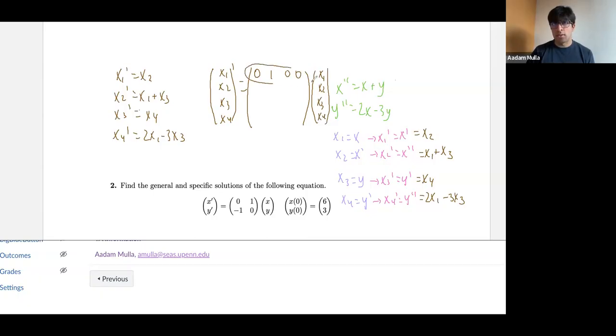When I do this dot product, the only way for me to just get out x2 is to put a 1 in the x2 slot and 0 everywhere else. For x2 prime, I put a 1 on x3 and 0 everywhere else. For x3 prime, I just want x4. And for x4 prime, I want 2 times x1, 0 x2s, negative 3 x3s, and 0 x4s.